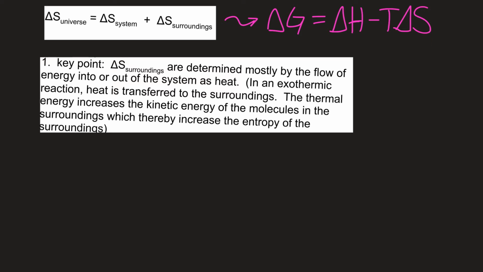What this little lopsided box is saying is that we can say that the entropy of our surroundings is equal to the opposite of the enthalpy change of the system, right? Because the heat energy is going to flow from the system into the surroundings divided by temperature.